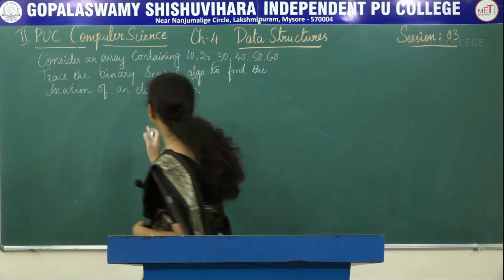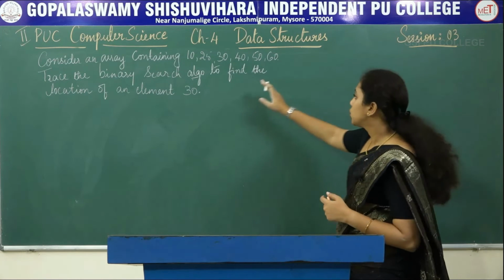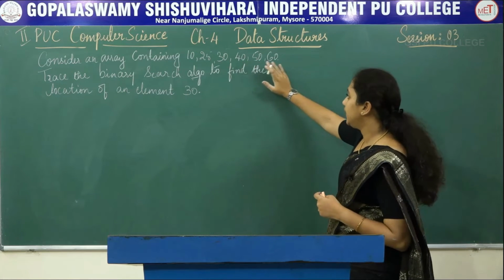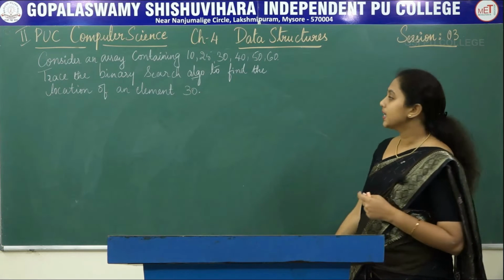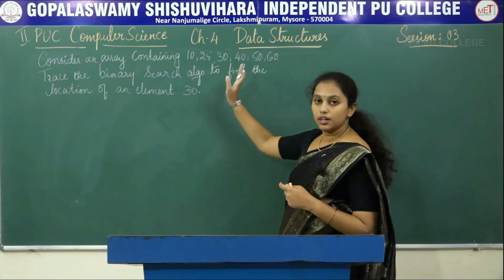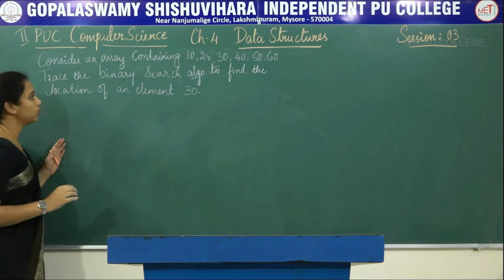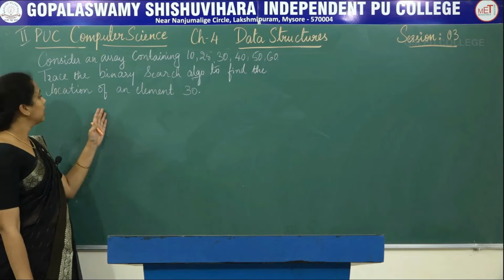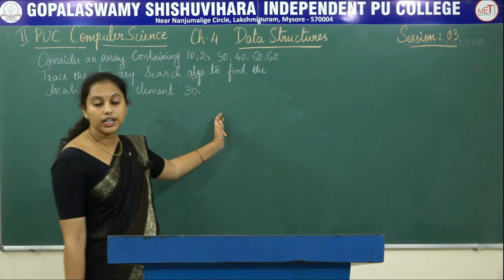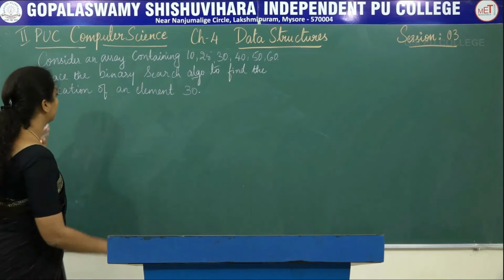So this array contains 10, 25, 30, 40, 50 and 60 as its elements. All the elements are in sorted order. So now let's see how to search the location of an element 30 using binary search.